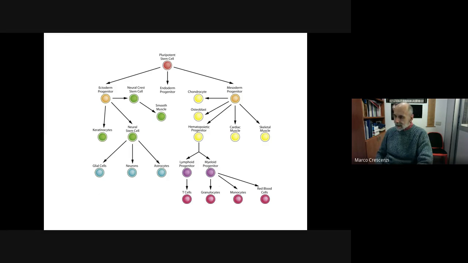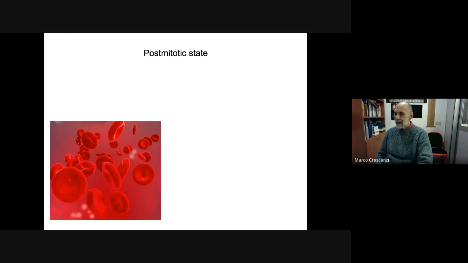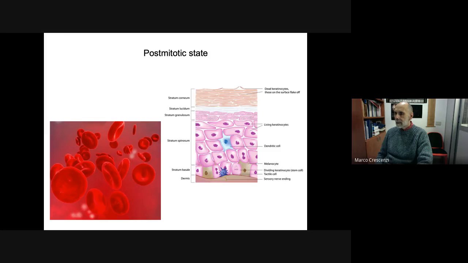Extreme examples of terminal differentiation are, for example, erythrocytes or skin cells that in mammals lose their nuclei in the process of differentiation, and so they are obviously unable to go back to a less differentiated state. But these are exceptions.